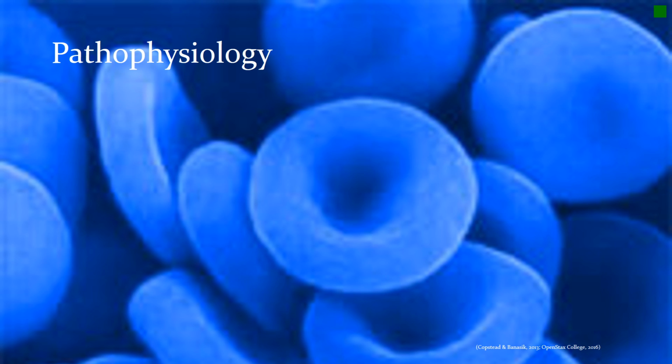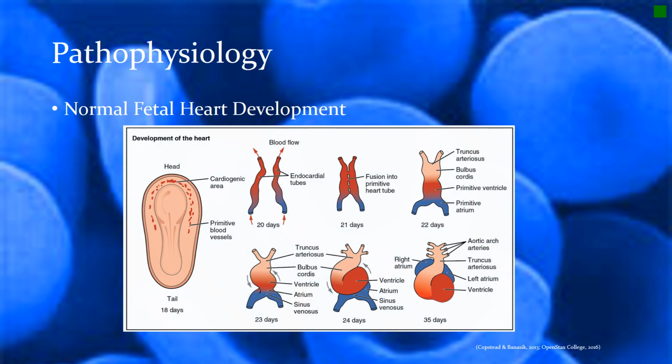In order to understand how defects manifest, I think we first need to look at normal fetal heart development. I will summarize the process as discussed in our textbook by Kopstead and Banasic, which starts on page 400. The primitive heart begins as an enlarged tube, with 3 different layers that differentiate into the various heart tissues, such as the septa, valves, and muscle.